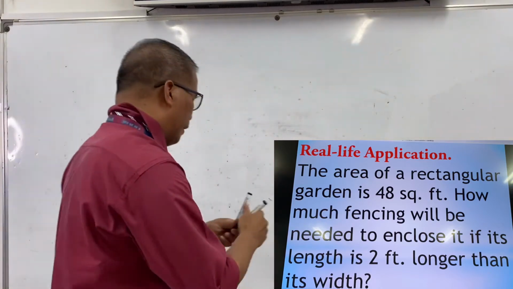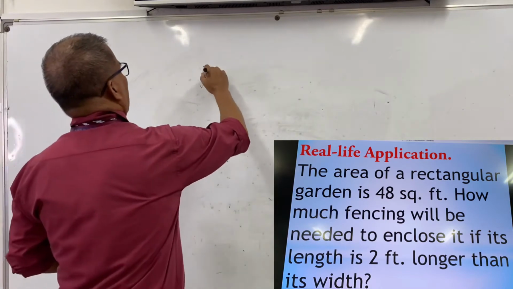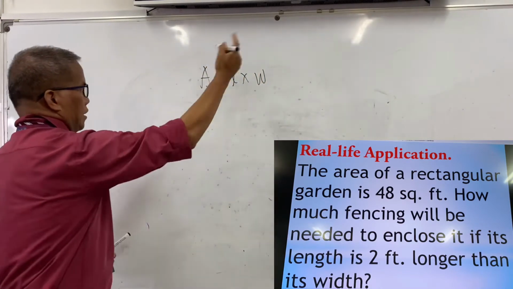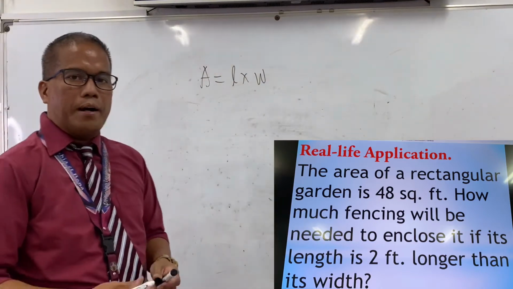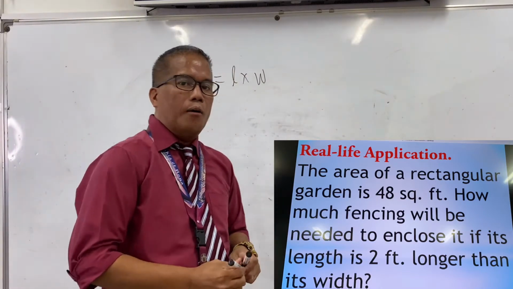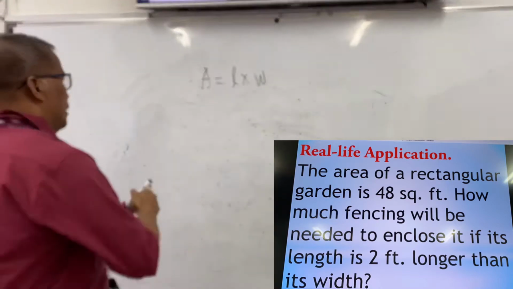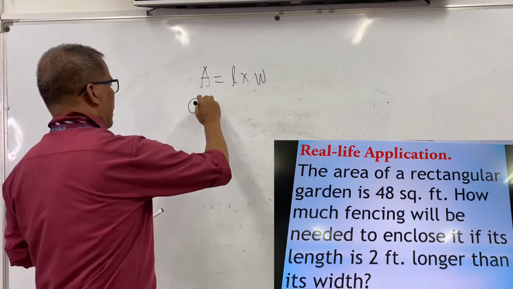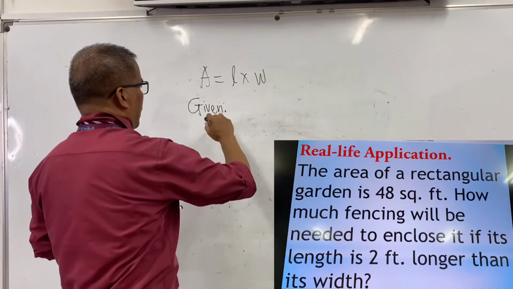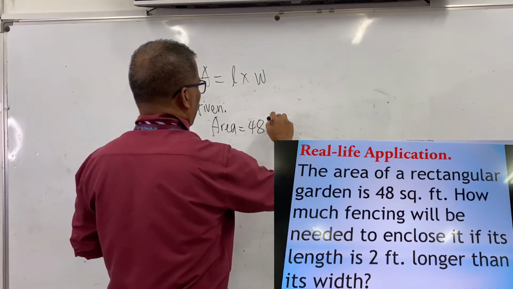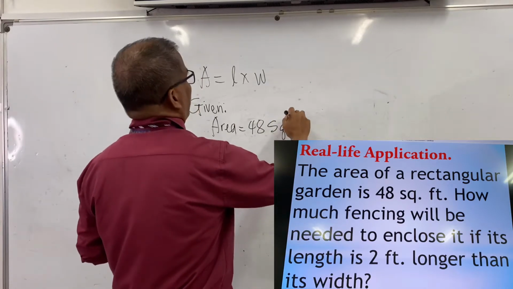So we have now area A is equal to L times W. So this is the formula of finding the area of a rectangle. Now, the area given is equal to 48 square feet.